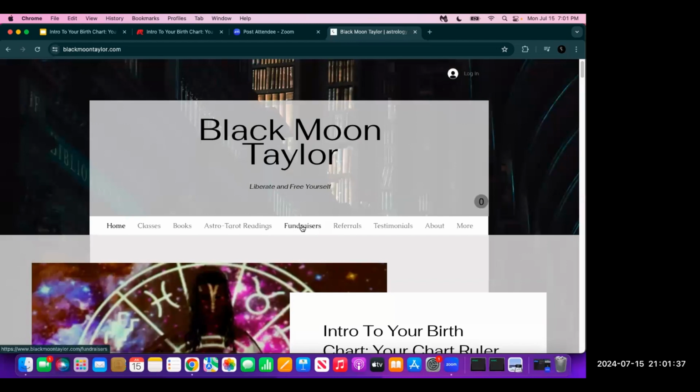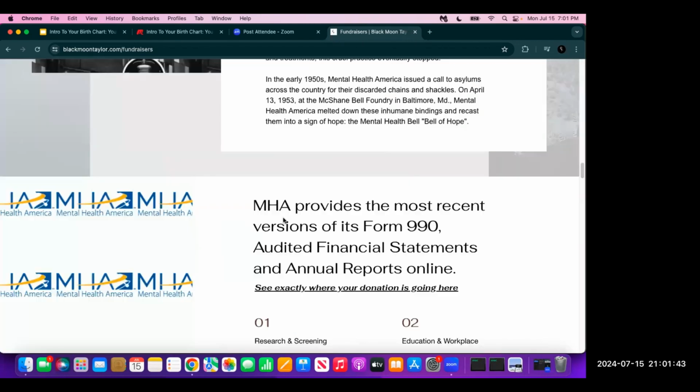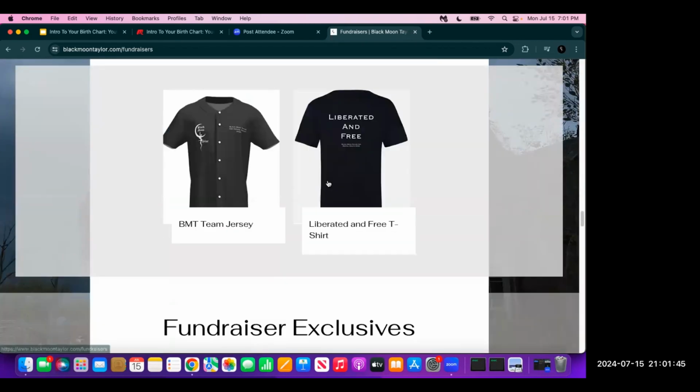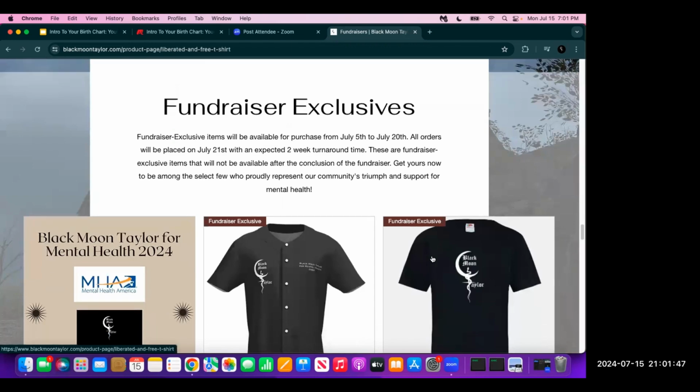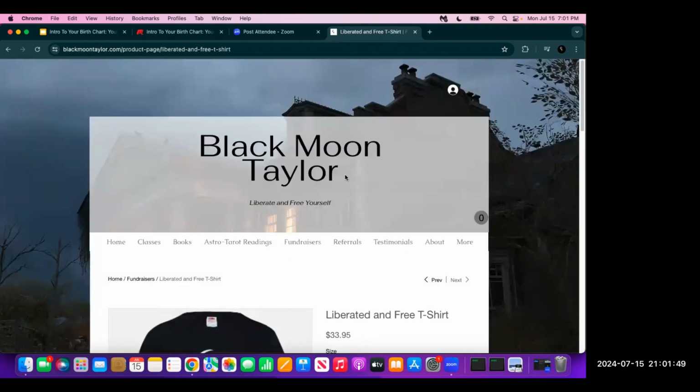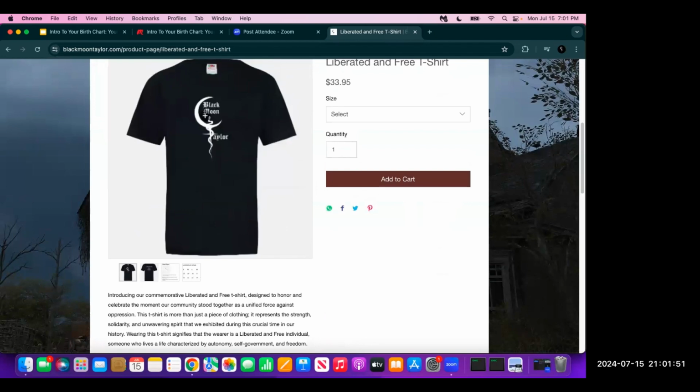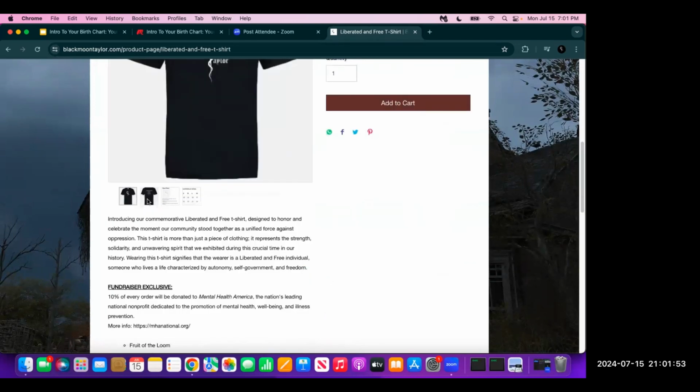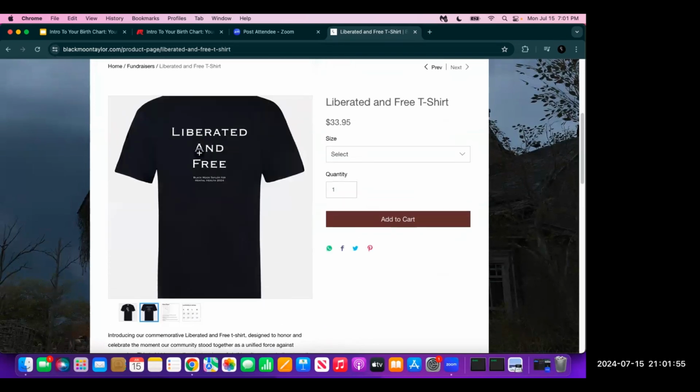I didn't do the shirt, but the shirt is basically the same thing. It has the logo on the front, and then "liberated and free" is like the core value of my business, being a liberated and free individual. That's my whole thing. On the front we have the logo, and on the back it says "liberated and free." And then that little tiny text, it's hard to see here, says BlackMoonTaylor for Mental Health 2024.